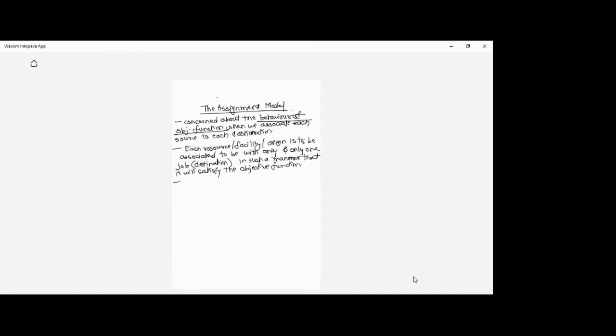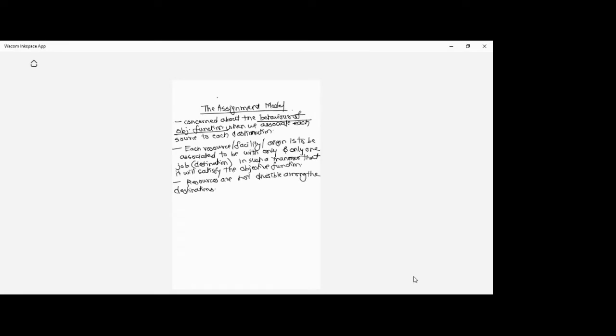Here we'll have to keep in mind that resources are not divisible among the destinations. So this is very, very important, right?